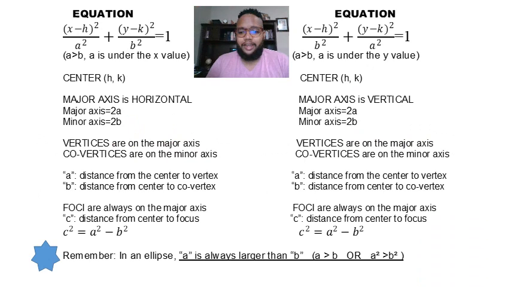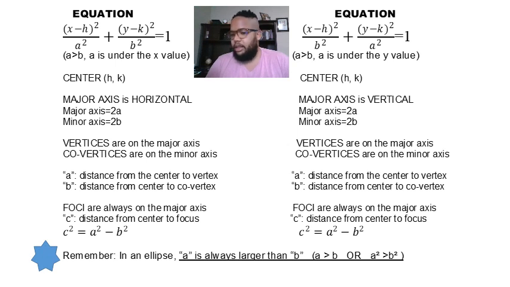Now let's take a look at our two equations. They are both basically the same equation, as I was saying before. The only difference is where a and b is. So if you look at the equation to your left, you're going to see that the a is under the x squared.